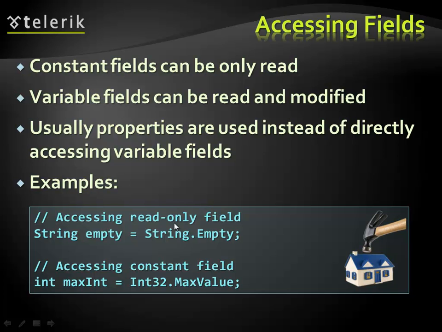And the fact that I'm going to the field or property of the class, or calling a method of the class directly like this, means that this is a static property. We'll talk more about static attributes a little bit later today, but just in a word, static means that you are accessing the property directly on the class.